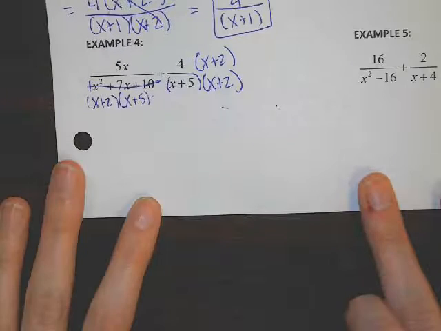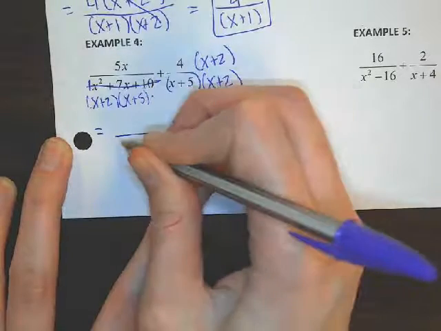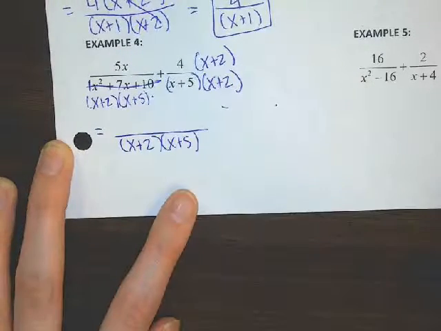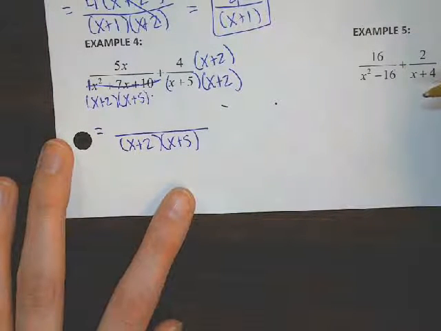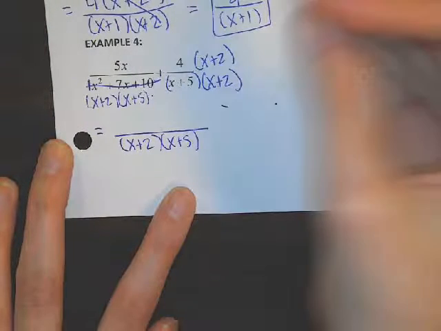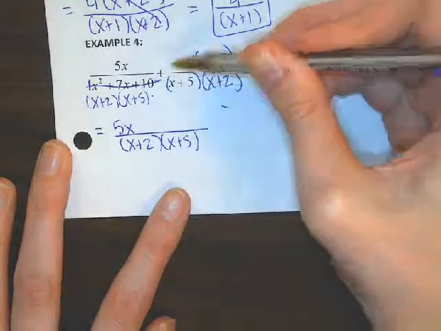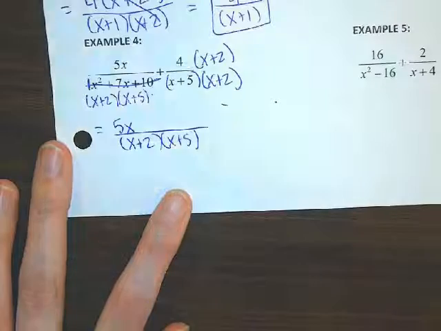All right, so then now we're on step 3. I have my common denominator, which is x plus 2 times x plus 5. But step 3 says we need to do what? Combine the numerators. So then we have 5x we can bring down. And we're adding 4 times this. Can I just add it if there's parentheses like that? No. What should I do?